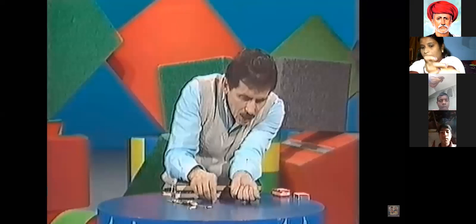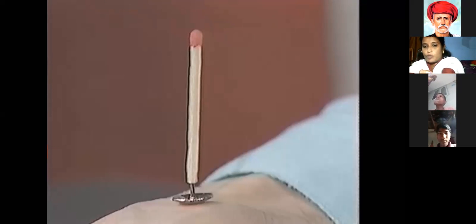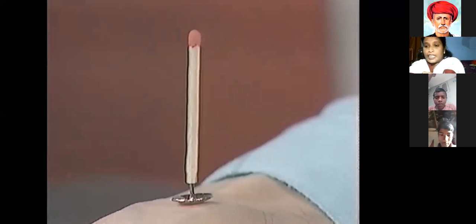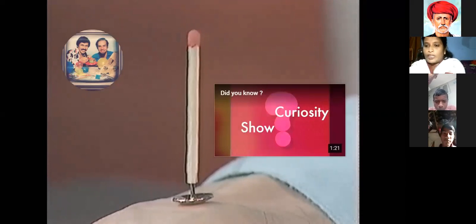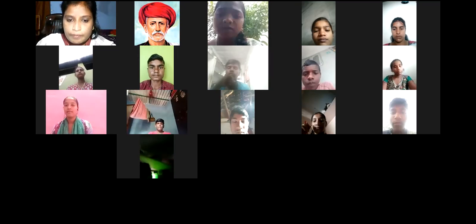What will you observe? The matchstick shows some movements. Why? Because there are vibrations inside. That is how we identify the pulse rate. Can you understand how we identify the pulse rate? Yes, madam.